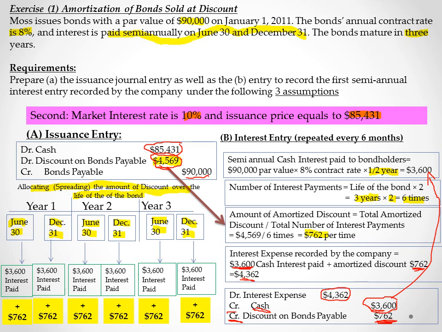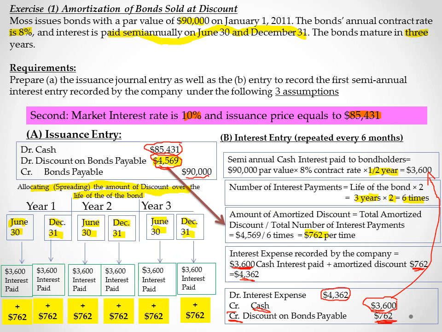So we are going to divide the amount of amortized discount, which is the 4,569, divided by the total number of interest payments, divided by 6. So this means that each time the company will have to increase its interest expense to include an extra amount, which is 762. This is the one that we have calculated here.